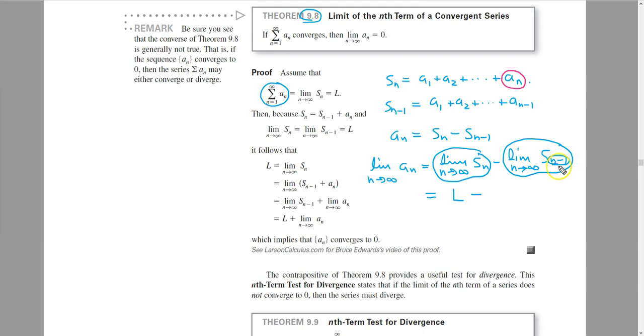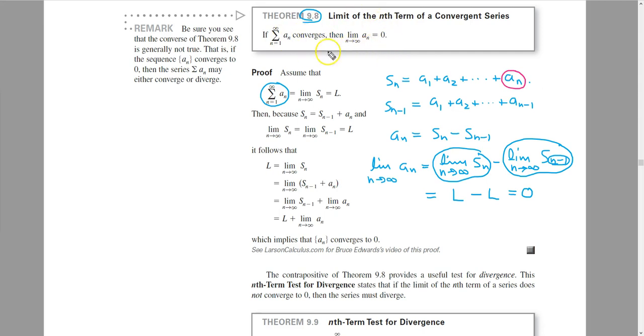It's just going to be the prior term. But as n goes to infinity, so does n minus 1, so this limit also has to be L, and we get 0. So that proves the fact that if your series involving the An terms converges, then the limit as n goes to infinity of the Ans must have been 0.